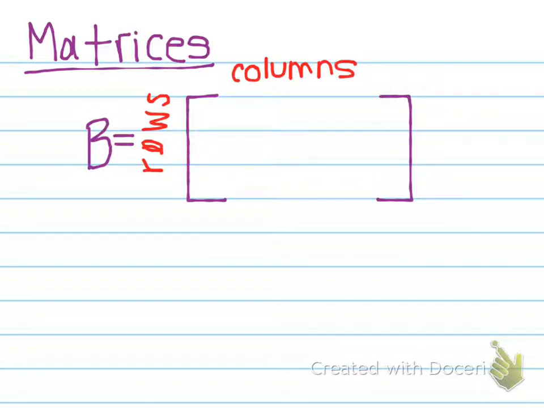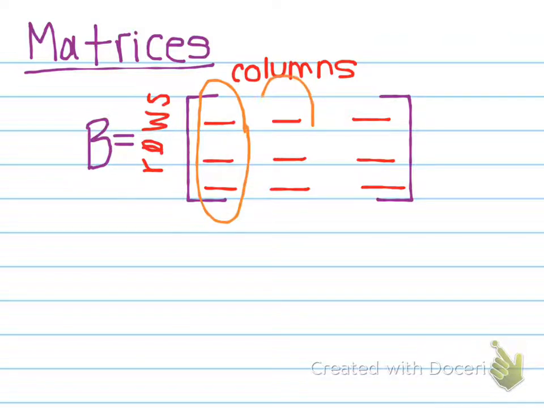So each element here is in row 1, row 2, and row 3. So then if I wanted to look at it in terms of columns, this is column 1, column 2, column 3.